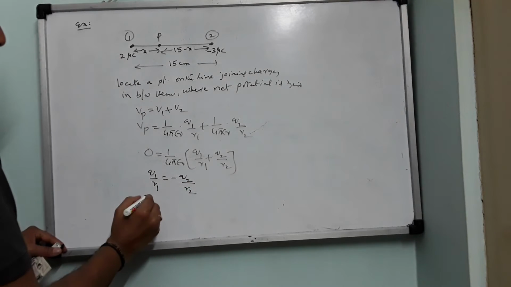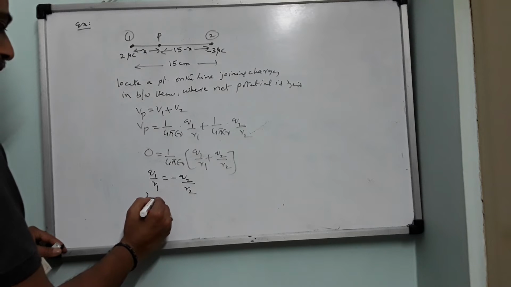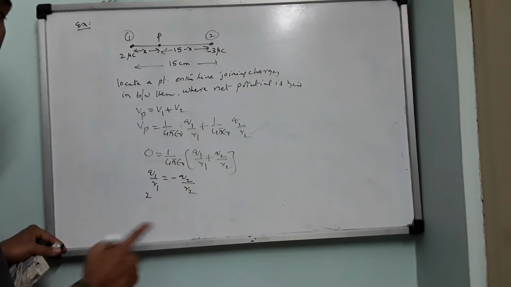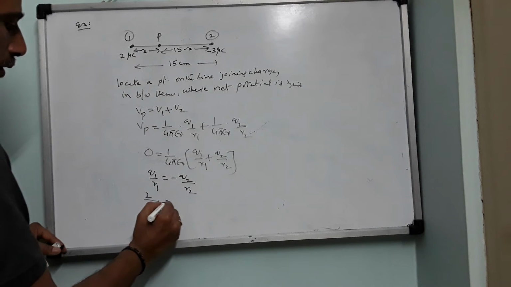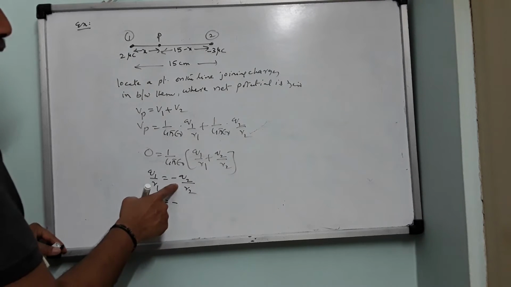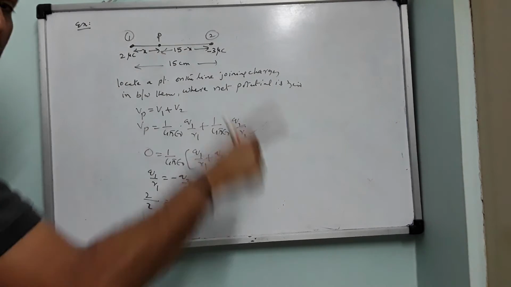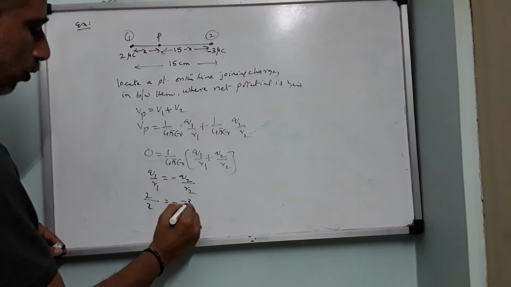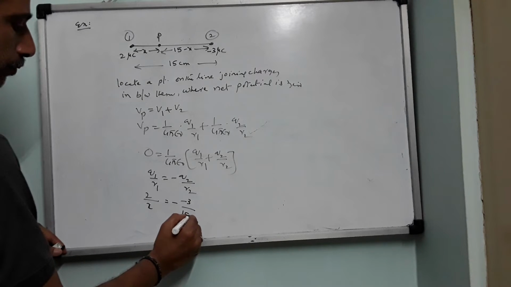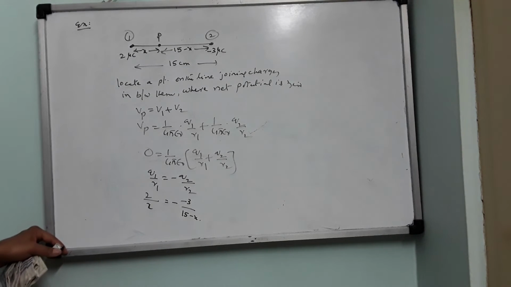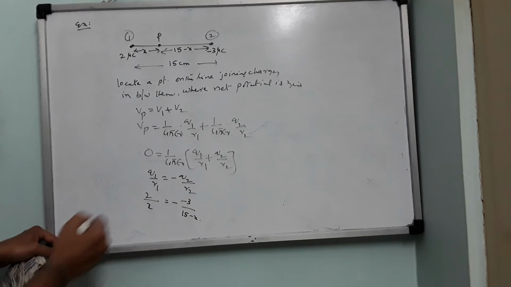What is Q1 value? 2 microcoulomb. I will write only 2 micro because both sides micro only, so it will be cancelled. By R1 is x centimeter equals minus Q2. What is Q2? With sign you should take minus 3 microcoulomb divided by R2, which is 15 minus x. Now, minus of minus will become what? Plus.